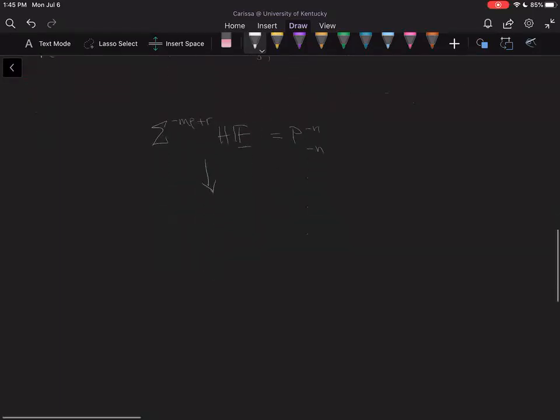Then we're going to move on down to the negative n minus 1 rho plus r minus 2. Now we start tacking on a bunch of these HGs.